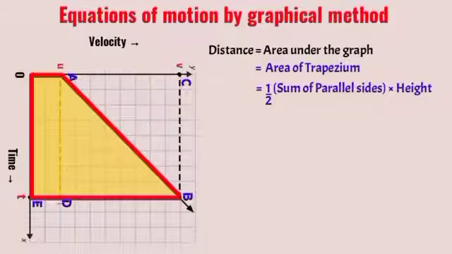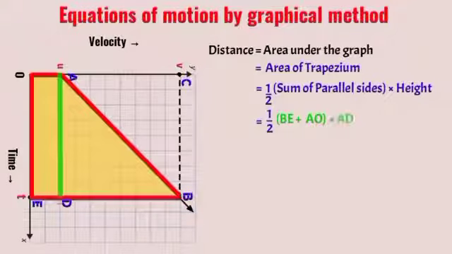In this trapezium, the parallel sides are BE and AO and the height is AD. Here AD and OE are parallel. Thus OE can be taken as time T. Here BE is equal to OC, which is equal to V, and OA is equal to U.